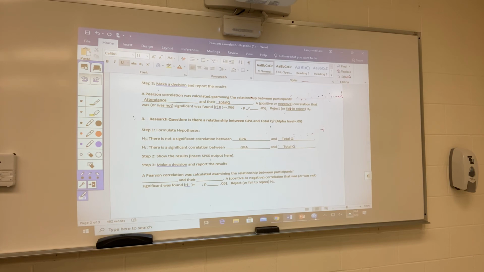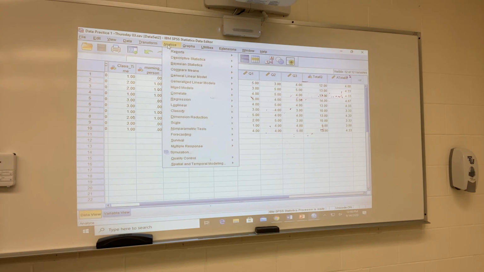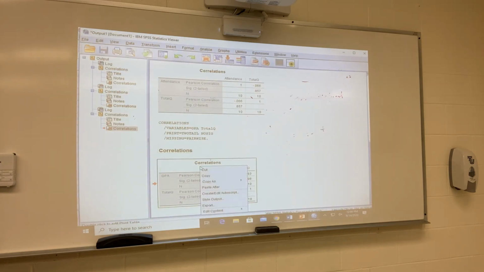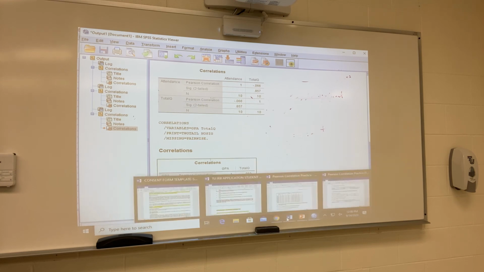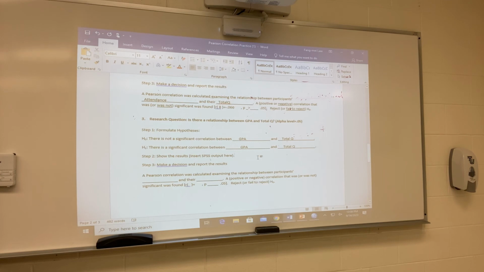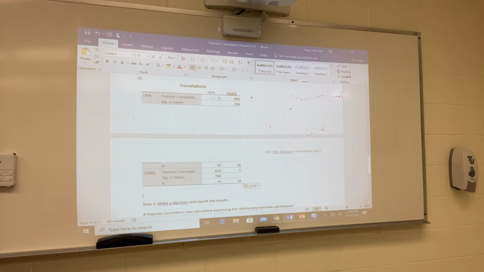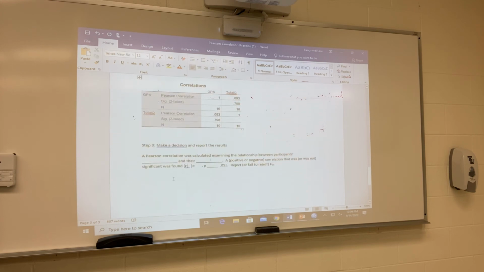Okay, now let's run it. GPA and total Q. Correlation, GPA, and total Q. So you have GPA and their total Q. What kind of correlation?